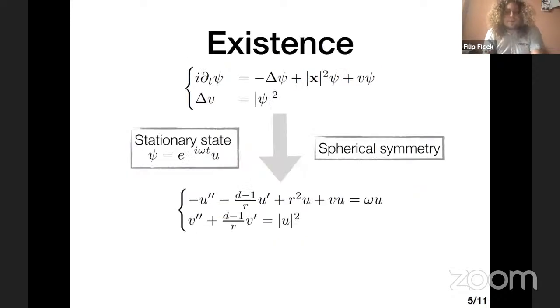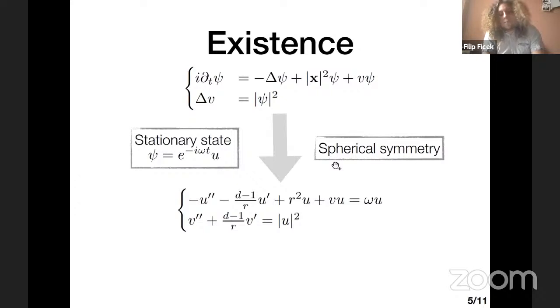So let me start. If we want to understand the dynamics, we have to start with the bases, which are, for example, stationary states. So let me start with the existence of such states. So we take our equation, we just put the typical ansatz for a stationary state, and we also simplify our lives by considering only spherically symmetric solutions.